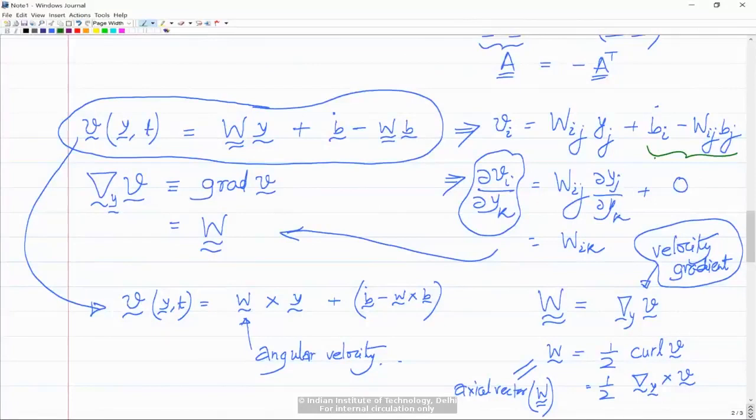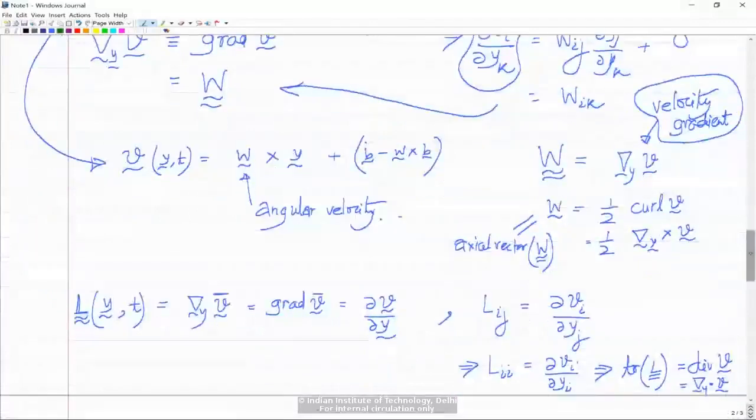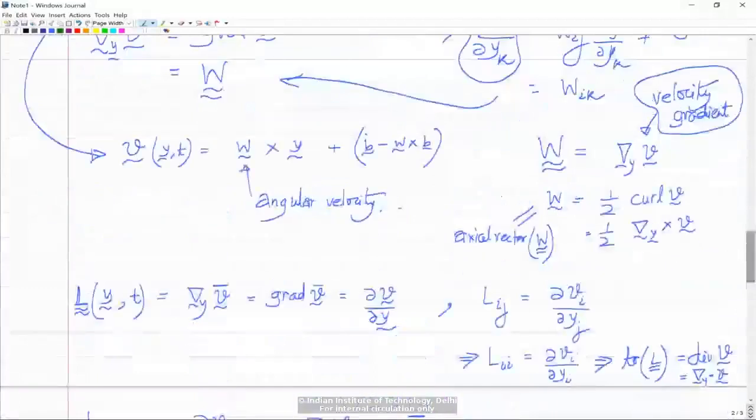Any other question? How are this velocity gradient and angular velocity related in some form, sir? Although one is a vector and another is a tensor, we are writing them with the same alphabet. See, you just saw it, right? For the case of rigid body motion, the velocity gradient is equal to this W here.